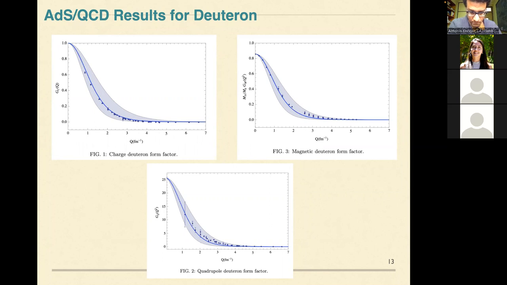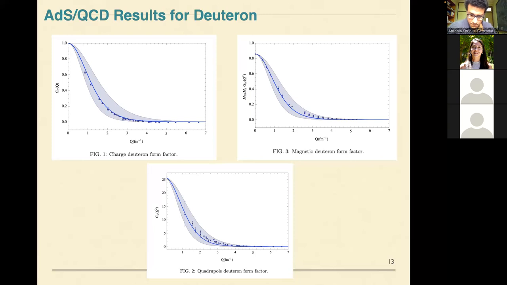One is the mass of the deuteron, which obviously can be fixed by the mass of the deuteron, so it's not really a free parameter. And the other one is a scale parameter that is fixed by the nucleon case as half of that. So it's very reasonable, and with that, we get this result.